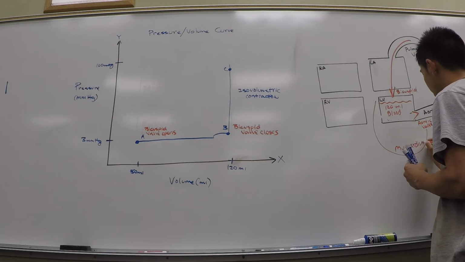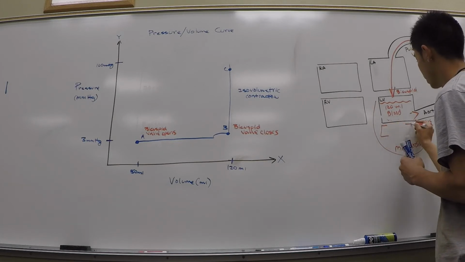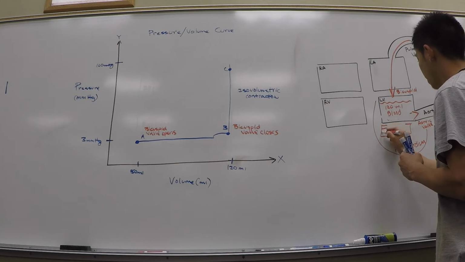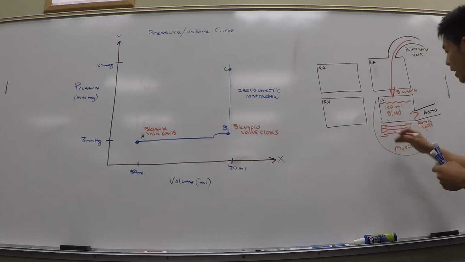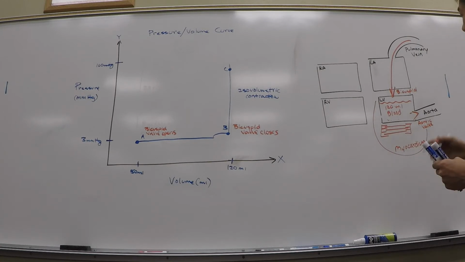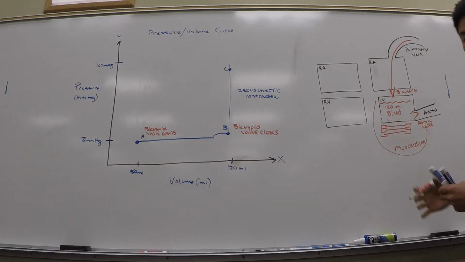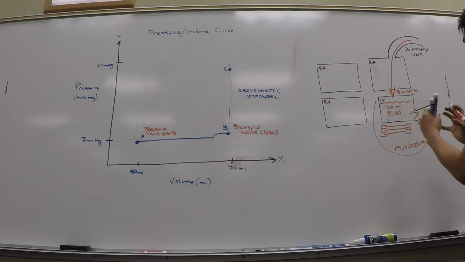This myocardium is composed of a bunch of sarcomeres, which look like this, and these sarcomeres are composed of actin and myosin filaments. When the brain tells the myocardium, hey, it's time to contract, this myocardium is going to squeeze together, which is going to squeeze this left ventricle.